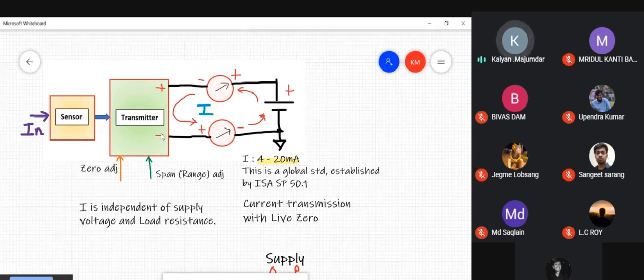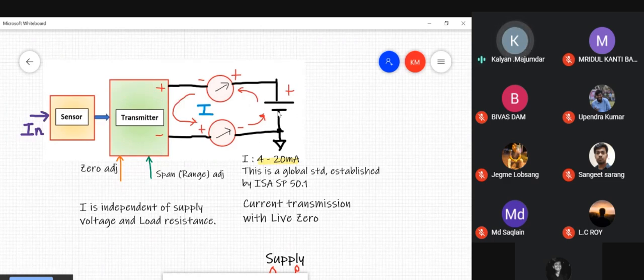So then you have 3 power supply terminals, positive, ground, negative. But at least you have 2 power supply terminals, positive and ground. And you have additional signal terminals. But here, you just have 2 terminals which both provide the power supply as well as generate the output of the transmitter. Now, how does this work?